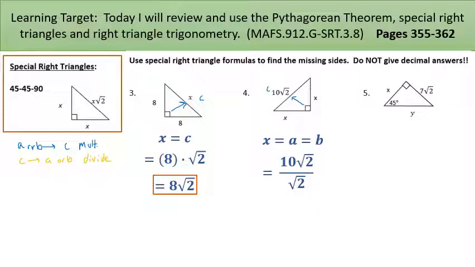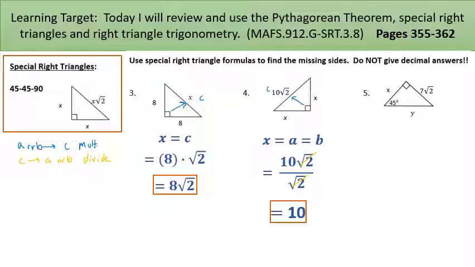Now we have radical on the top, radical on the bottom. Look at what happens. They're going to cancel, and we'll be left with just 10.